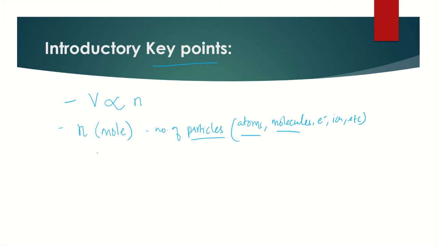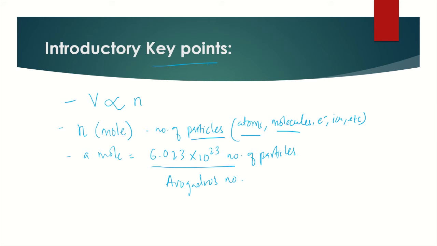We have also learned in our previous lesson that a mole contains 6.023 times 10 to the power 23 particles. So this number is what we call Avogadro's number or Avogadro's constant.